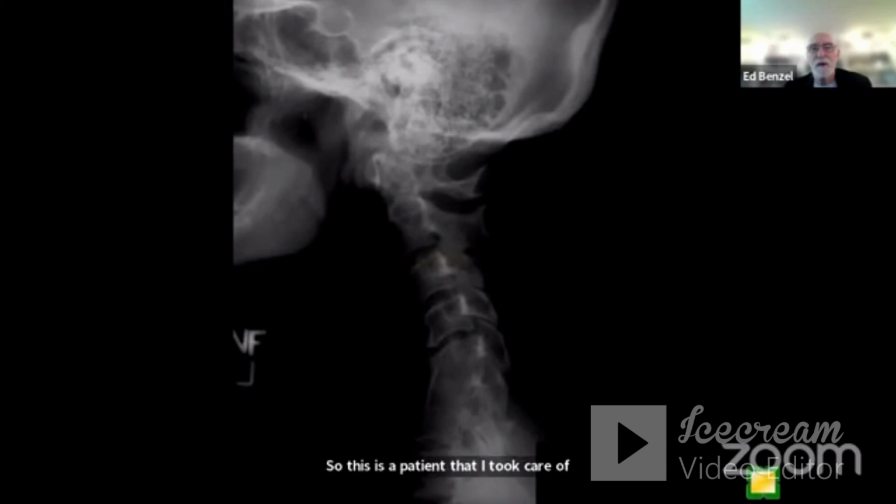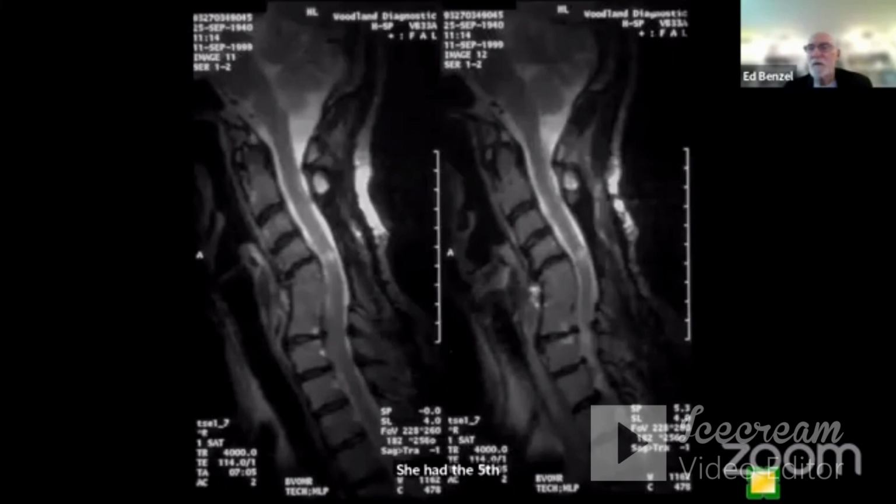She had multiple prior operations, laminectomies, anterior cervical fusions, etc. She had the kyphosis trapezius sign and progressive myelopathy. We can see here that she has signal changes in her cervical spinal cord.